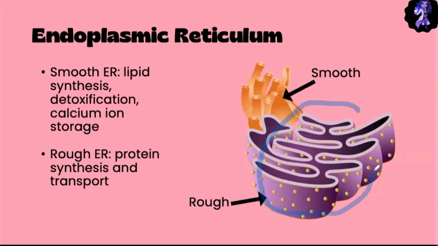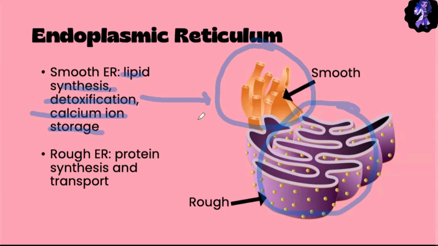But that also means that they have different functionalities as well. The smooth ER is known for detoxification, calcium ion storage, and lipid synthesis. So it produces lipids, and it detoxifies. Usually when you see infomercials where they say this juice will detoxify you, guess what?